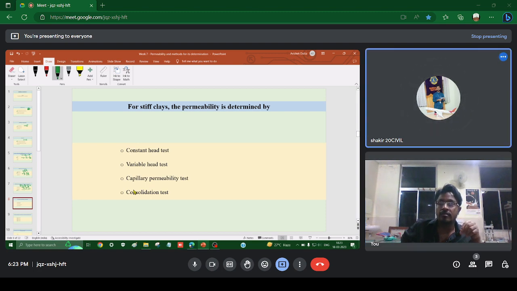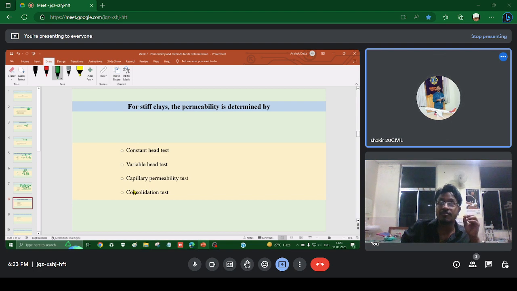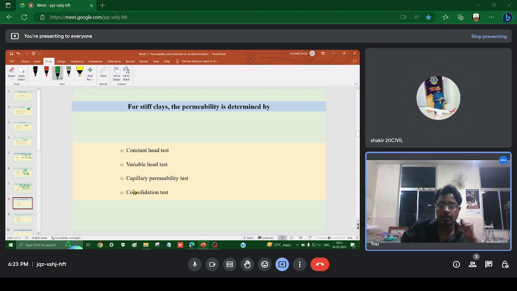The water present in the voids is removed, and that kind of volume change with exclusion of water from the soil will occur in stiff clays. Stiff means it is hardening, and in clay the permeability is very low, almost proceeding towards impermeability.